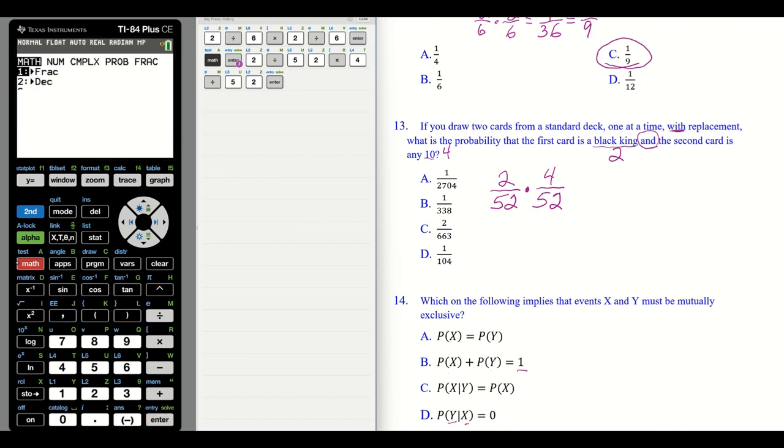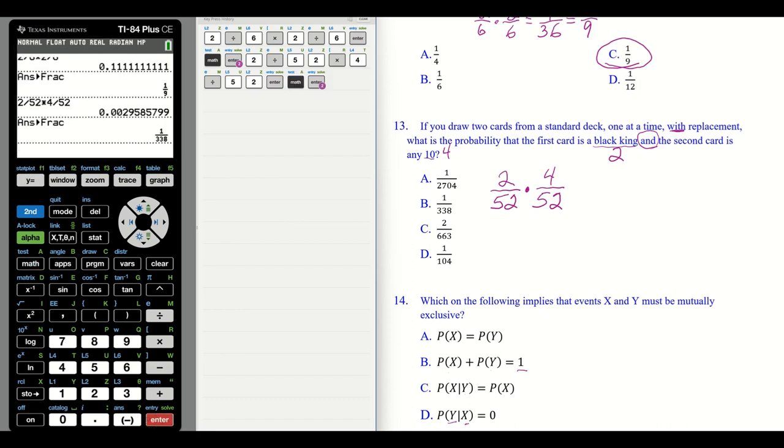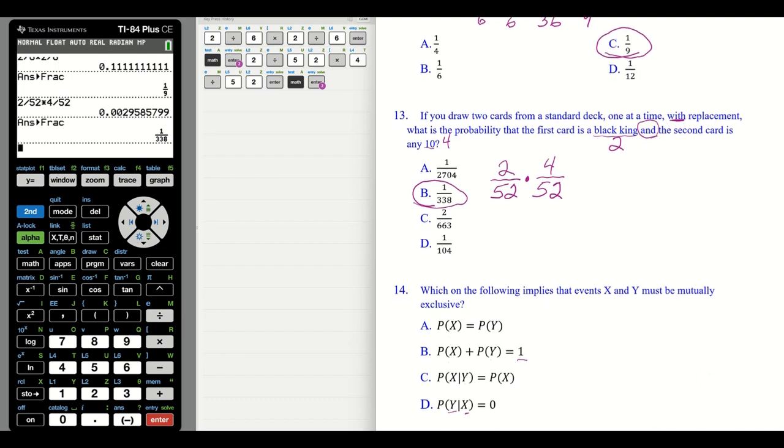Let's see if we can get a fraction out of that. Enter. Math, enter, enter. Yes, we can. That is option B. The reason I said that is sometimes, every once in a while, like we've had before, we'll run into the limit of the calculator, but we're okay. That decimal wasn't actually too bad.